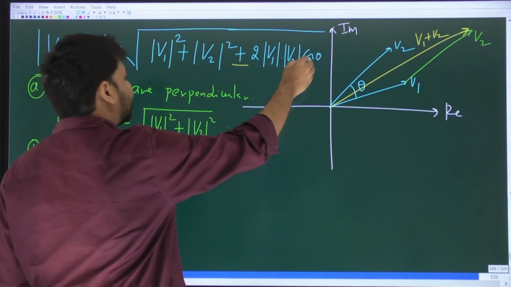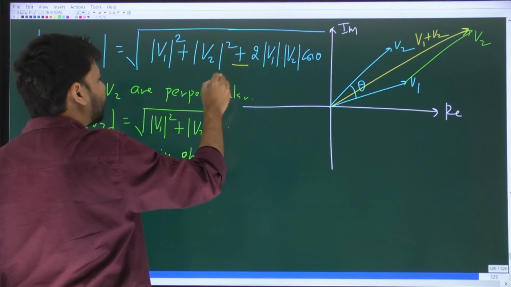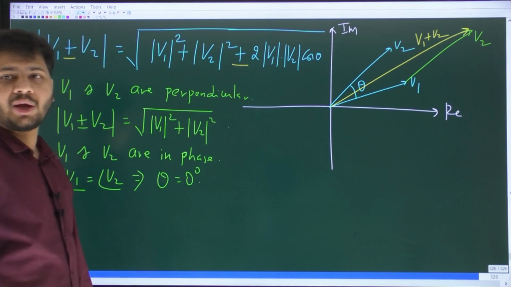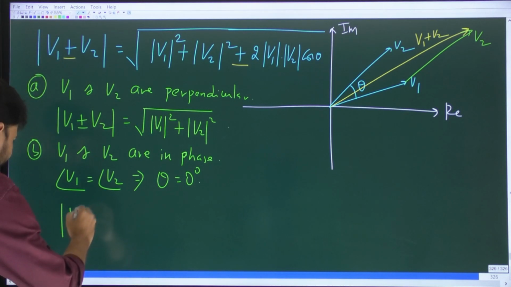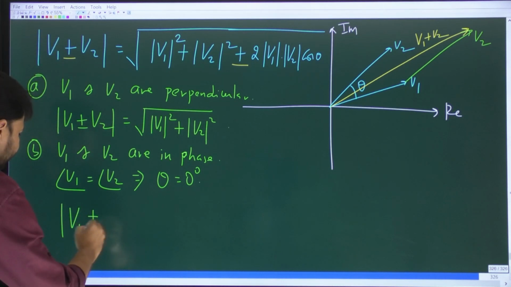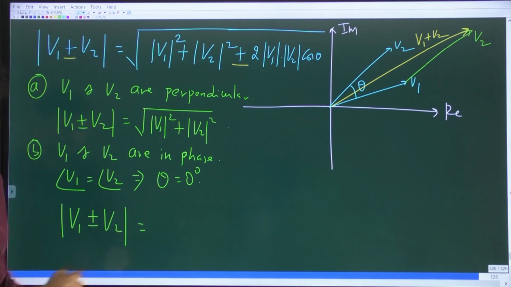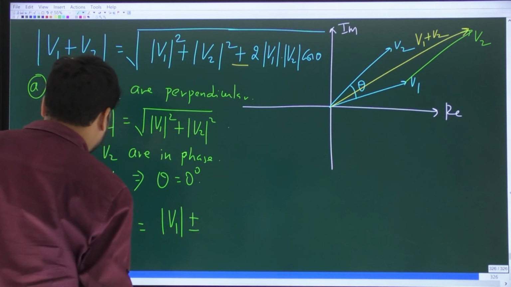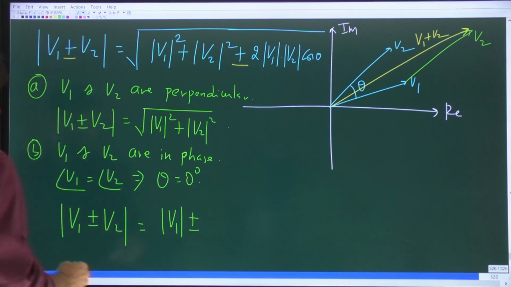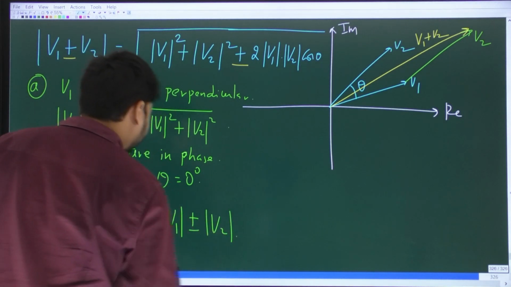If cos 0 degrees is 1, it will become square root of mod V1 square plus mod V2 square plus or minus 2 times mod V1 mod V2. So in this case, mod of V1 plus or minus V2 will be equal to mod V1 plus or minus mod V2.